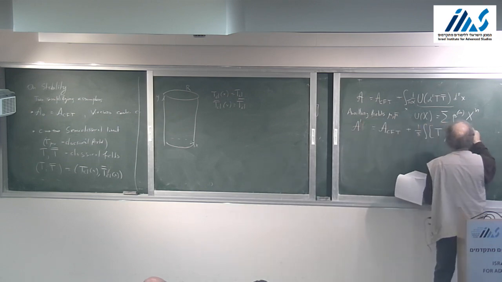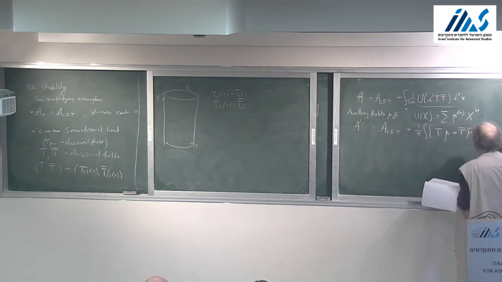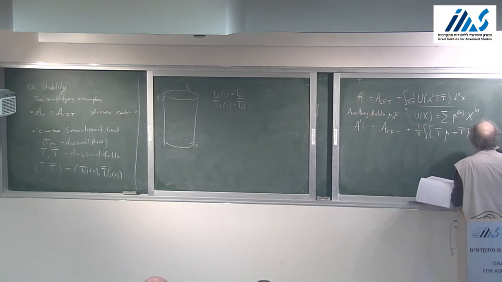Everyone does this gazillions of times. And so I have minus 1 over alpha W of mu bar.